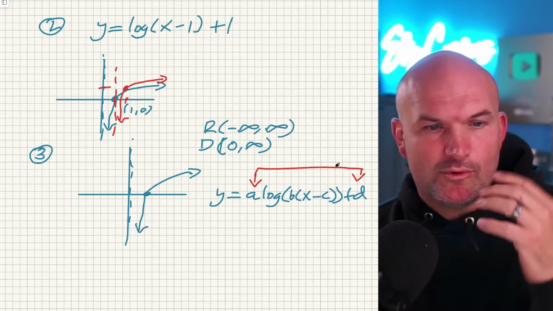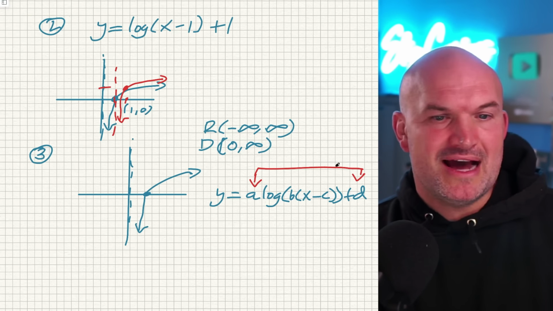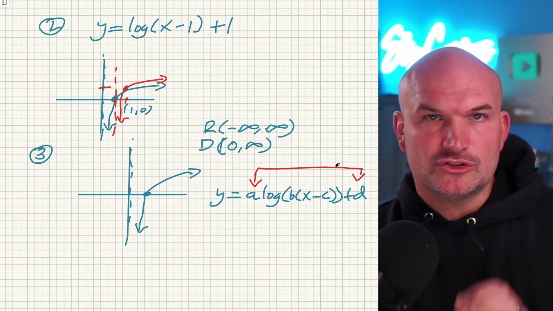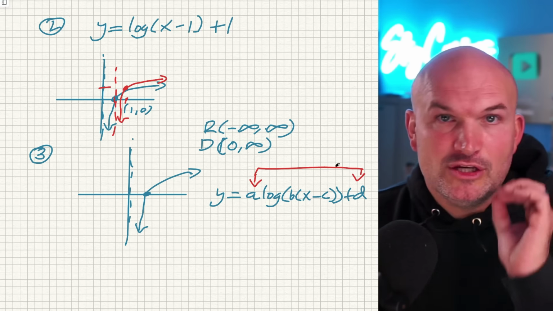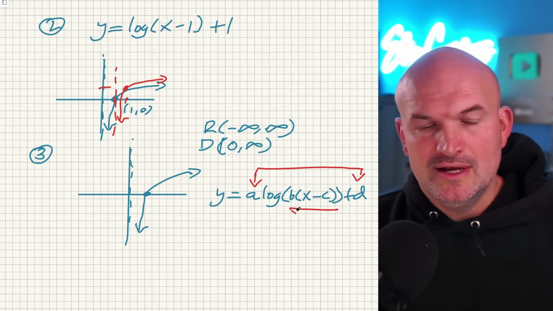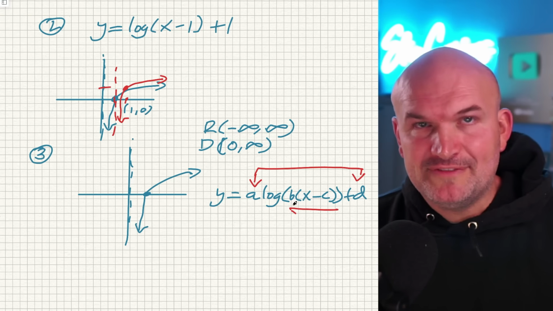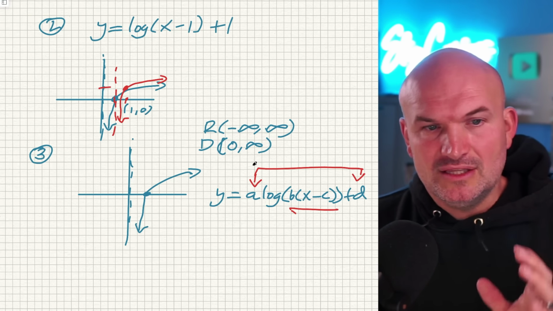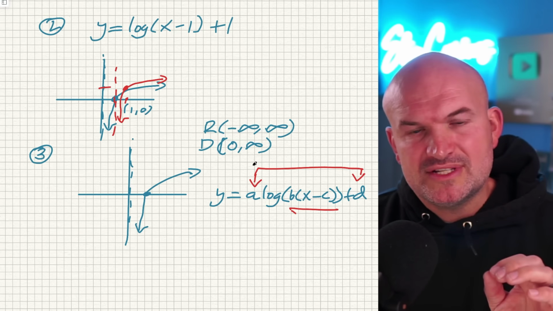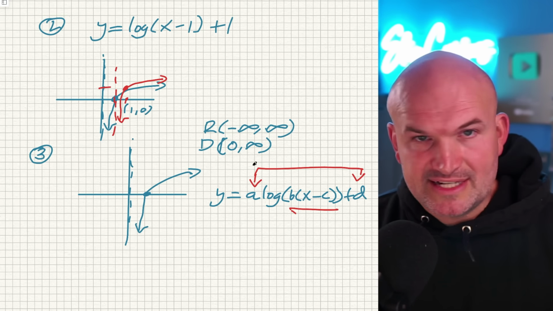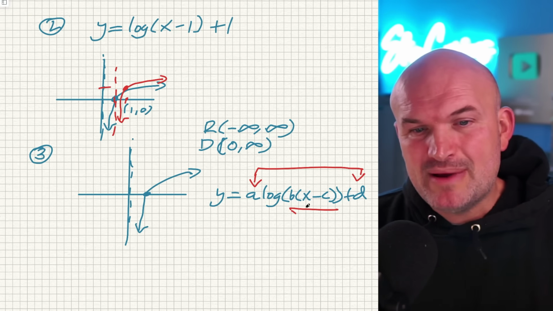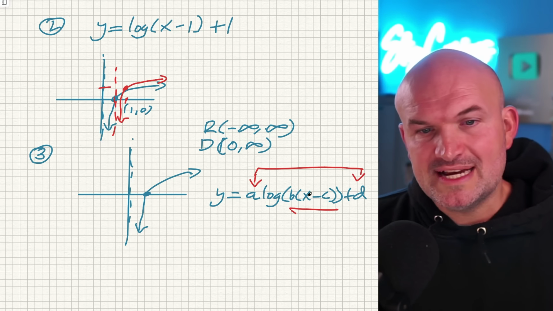So many times I see students, when we're graphing or need to understand something about the graph, think that the vertical transformations impact the domain. That's not going to do it, right? The only thing that's going to impact our domain is when we're talking about horizontal transformations. So the tip that I want you to focus on is, when we're talking about the graphs of a logarithm, or parts of that, such as the domain, understand the only transformations that are going to impact that domain are your horizontal transformations.